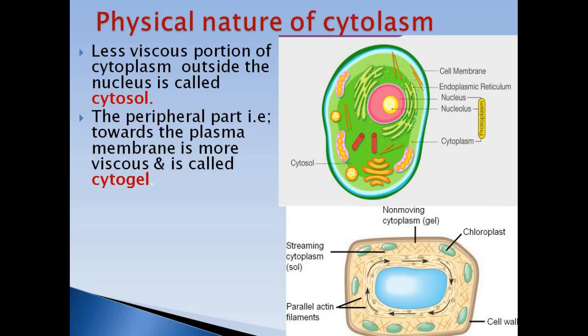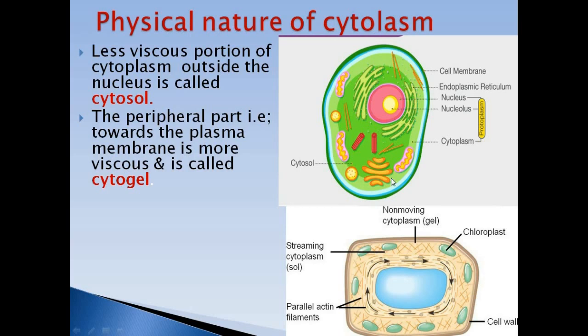But the part of the cytoplasm which is towards the periphery, just inside the plasma membrane, shown here in light green color, is gelatinous, jelly-like and viscous. So it is called cytogel. And you can see that most of the organelles are present in the cytosol.